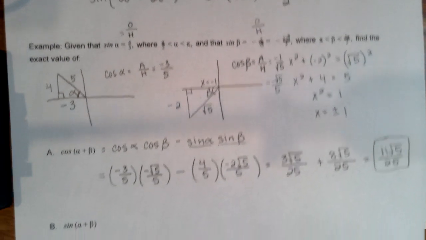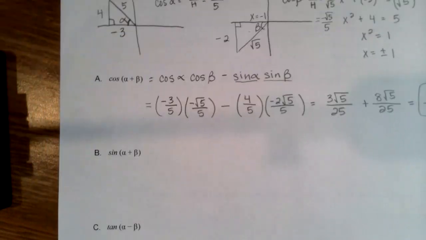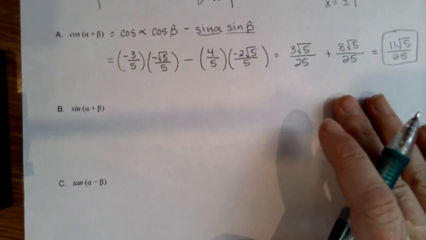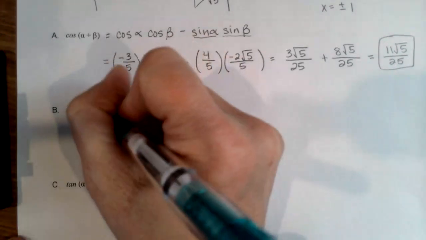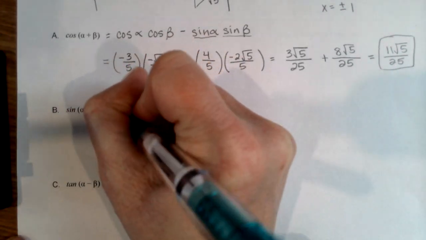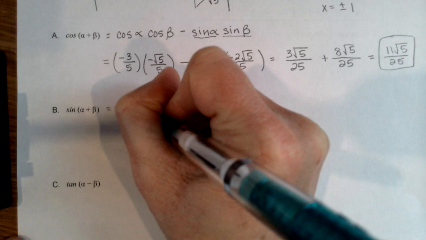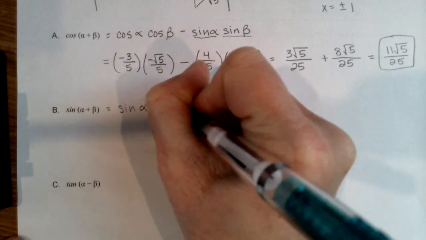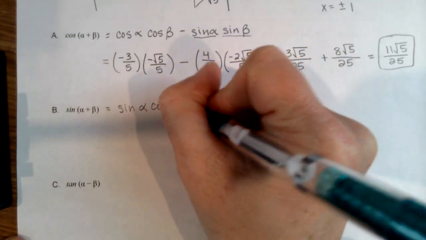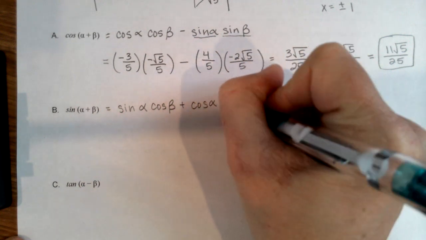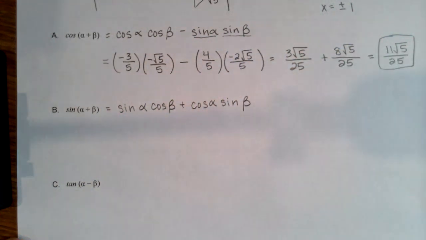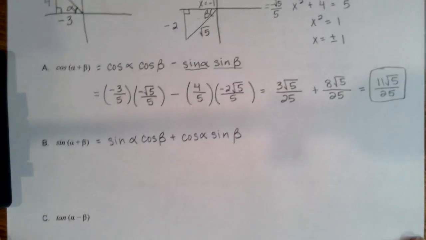So our next one, we want to find sine of alpha plus beta. Again, I just need to look above and see that my formula is sine alpha cosine beta plus cosine alpha sine beta. This is just a matter of substitution.